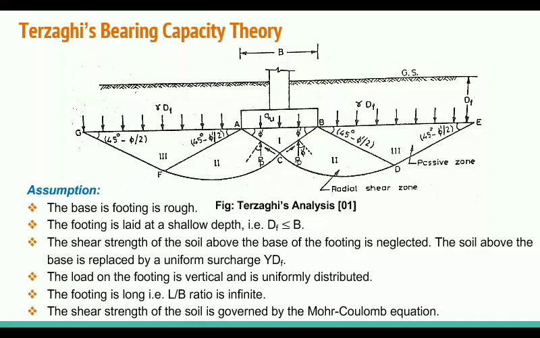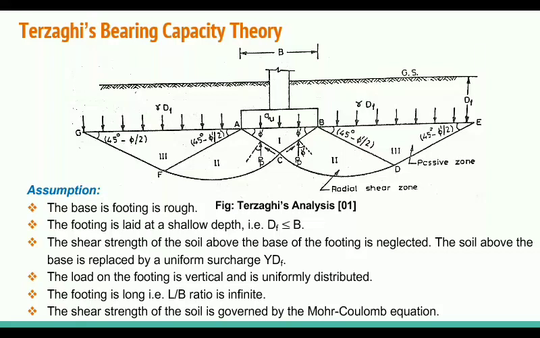Okay, so again I am repeating this. Zone 1, that is wedge ABC, is in elastic equilibrium. Zones CBD and CAF, that is zone 2, bear against the sloping edges AC and BC, as mentioned in the figure.